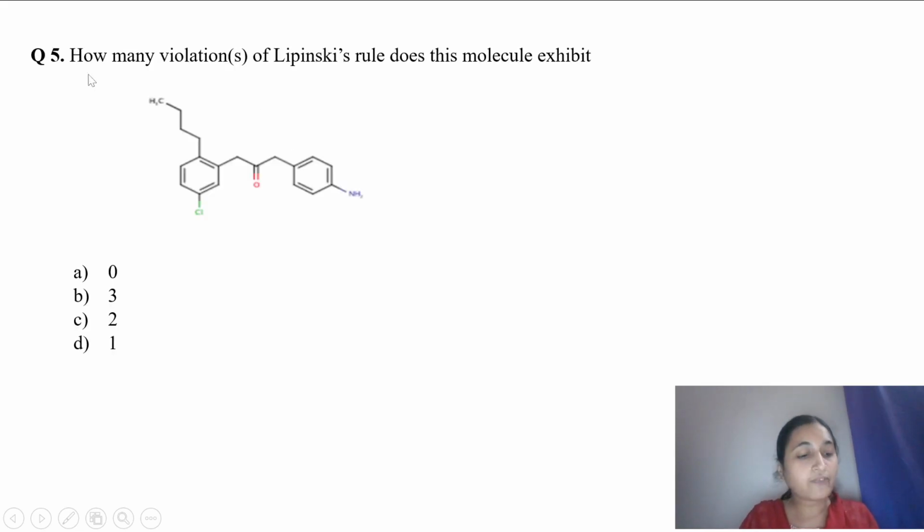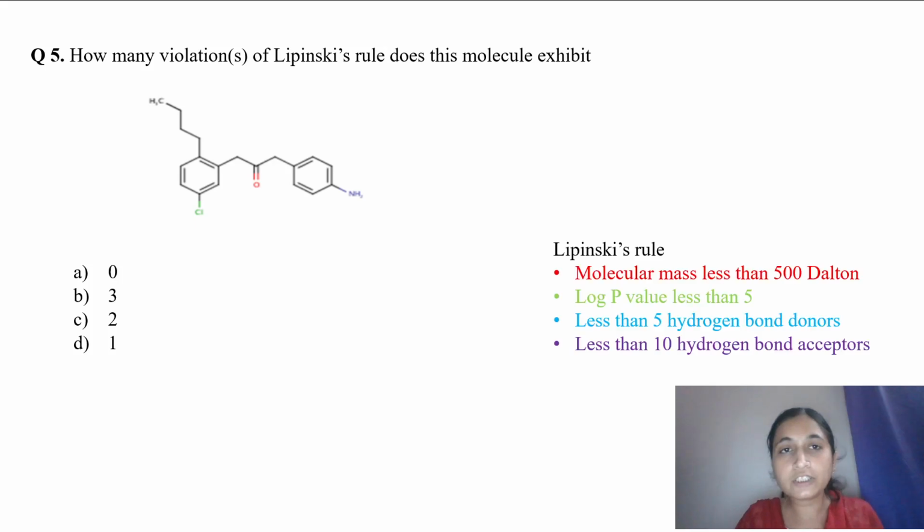Now question number 5. How many violations of Lipinski rule does this molecule exhibit? Right. So you people must have studied in the notes what is the Lipinski rule. Here we will revise.